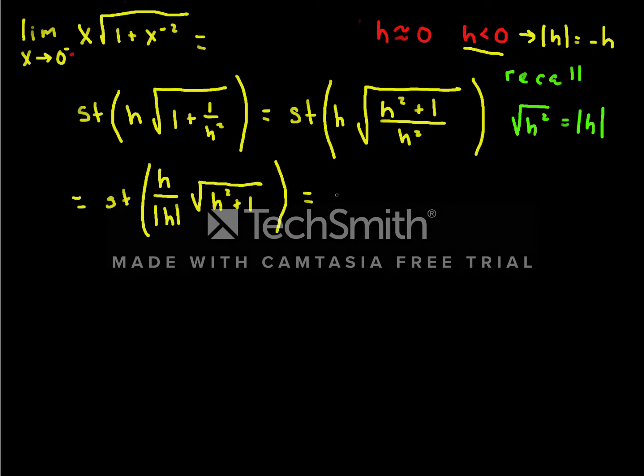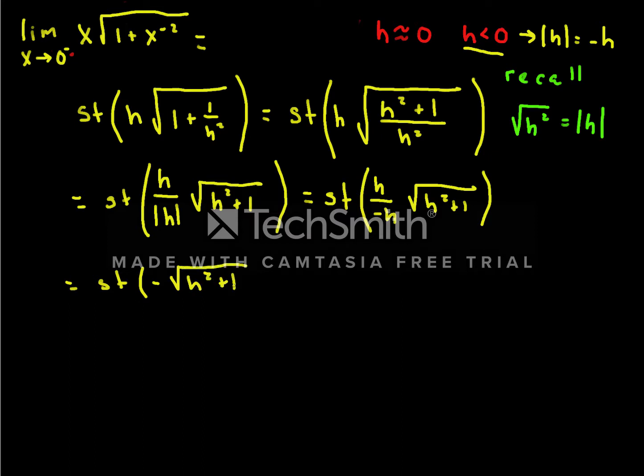So this is equal to the standard part of h divided by negative h times still the square root of h squared plus 1. Now I get some canceling there. This is equal to the standard part of negative square root of h squared plus 1, which is equal to negative square root of the standard part of h squared plus 1, right?